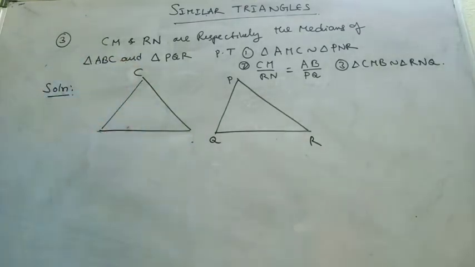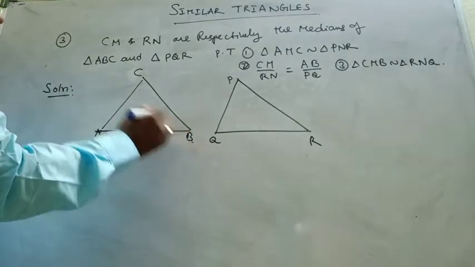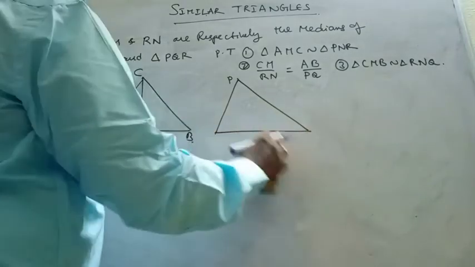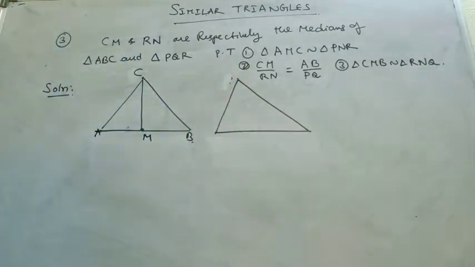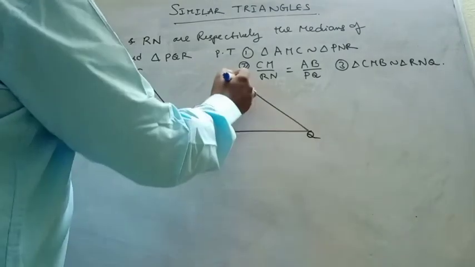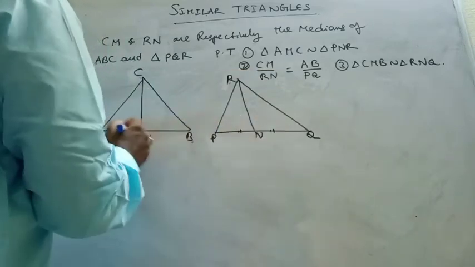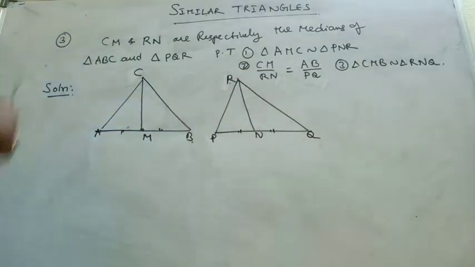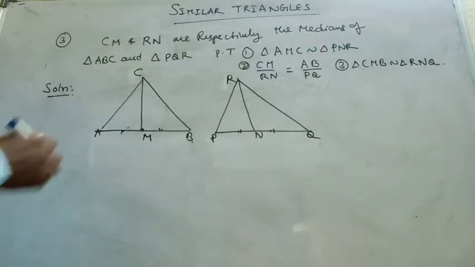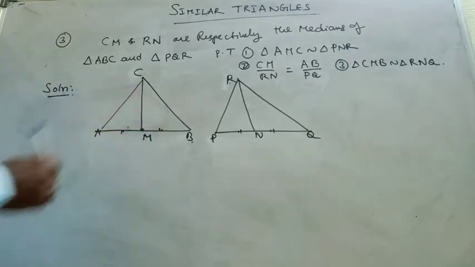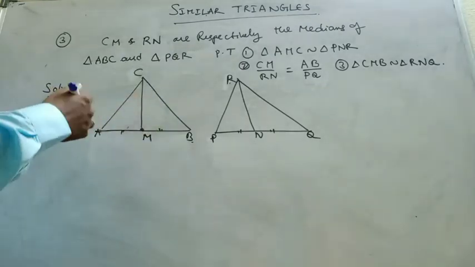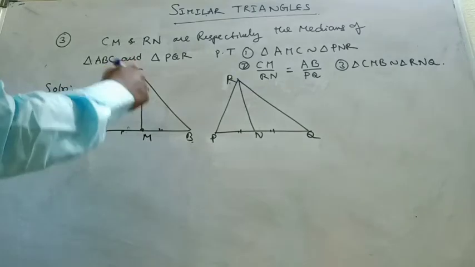CM is the median, and next we have triangle RPQ, where RN is another median. Now we need to prove that triangle AMC is similar to triangle PNR, and CM by RN is equal to AB by PQ, and triangle CMB is similar to triangle RNQ.